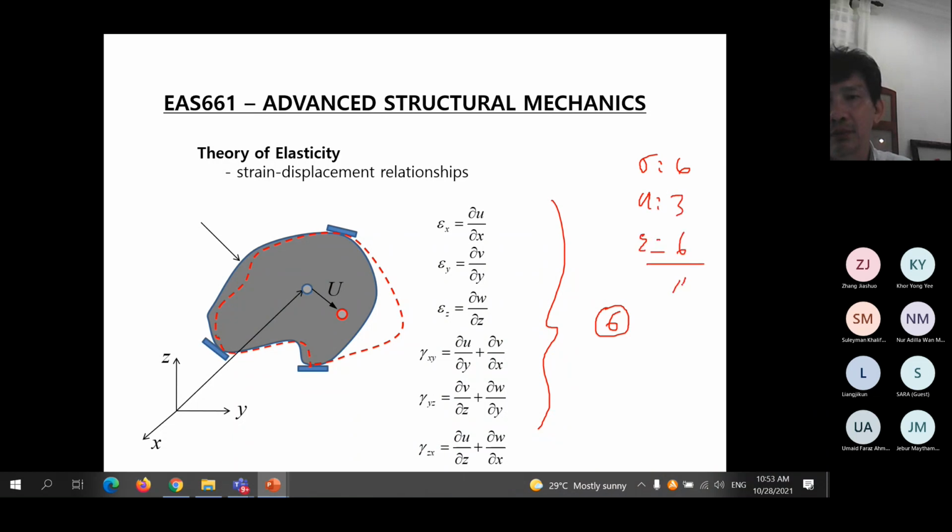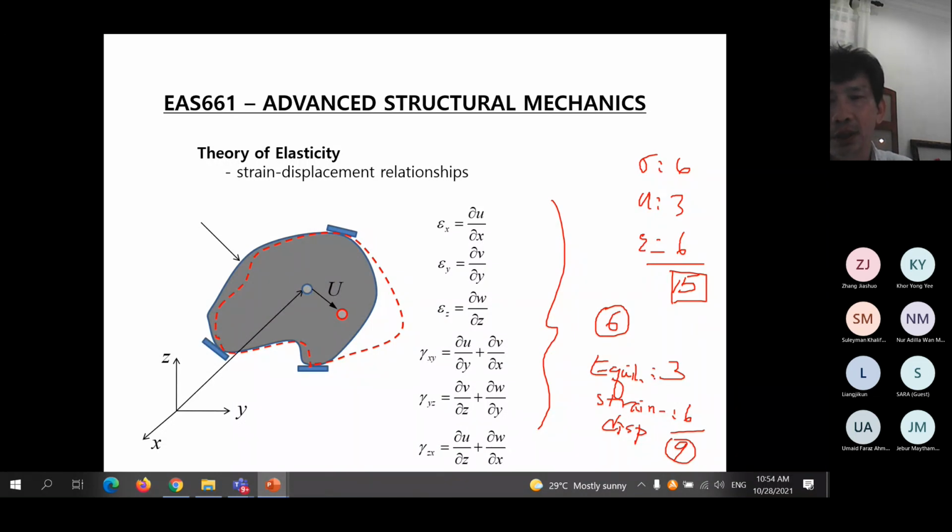So the variables that we need to determine number 15. For equations, we have equilibrium, which is 3, and strain displacement, which is 6. So these are 9 here. We need another 6 to solve this.